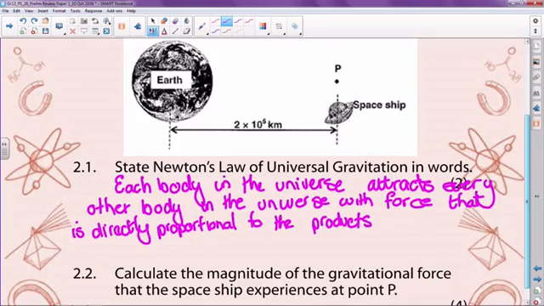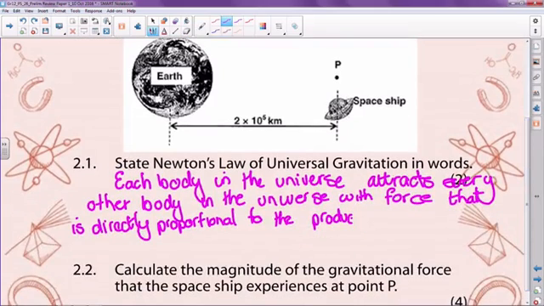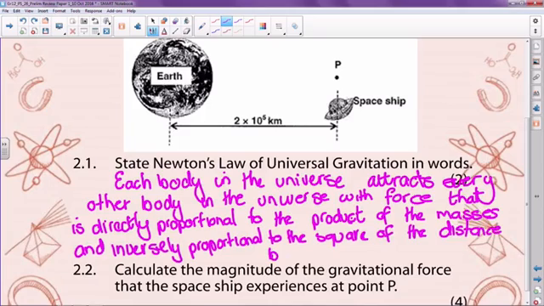You've got to put the word product, not products, because there's only one product of the masses, and inversely proportional to the square of the distance between their centers.